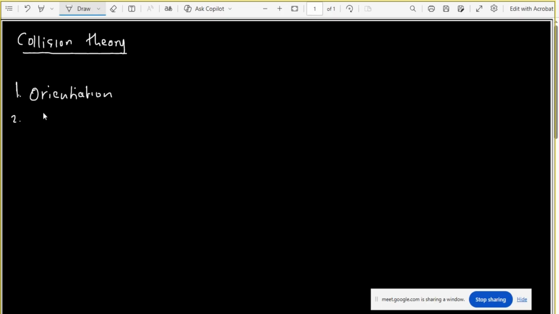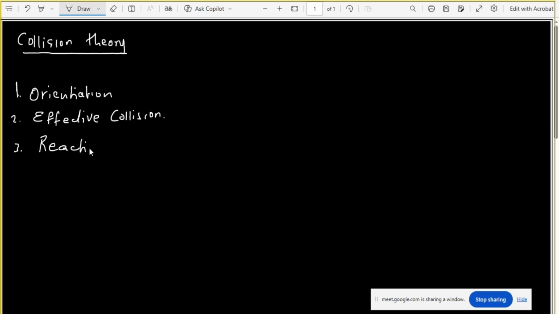Number 2, tell us about if you have a more effective collision. If this does not make sense, please just give me a second. You're going to get this now. And then once you tell us about that, tell us about the reaction rate.